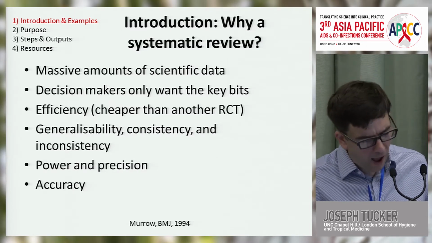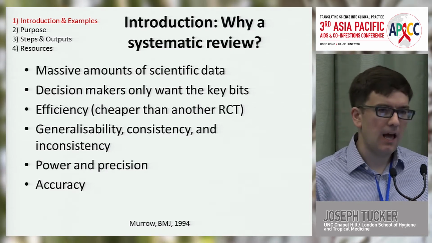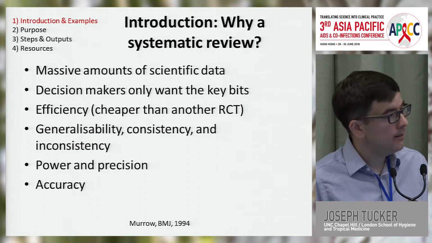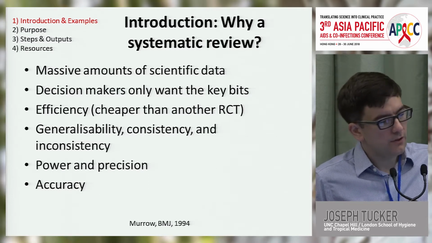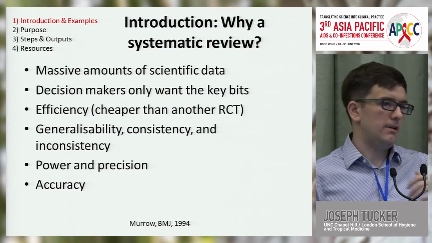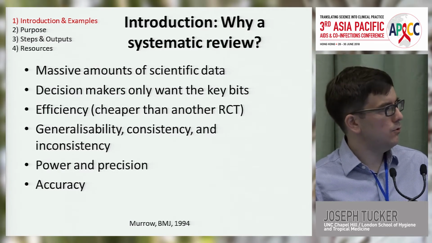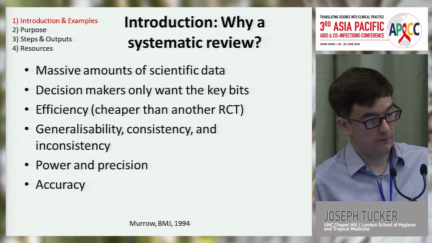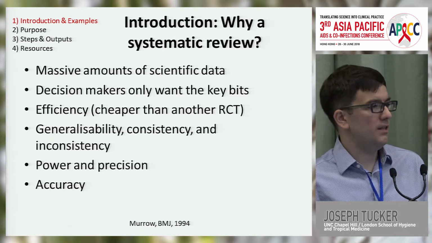So why would we want to do a systematic review? It takes a lot of time and effort. It's not easy. What is the value of a systematic review? First, there's a huge amount of scientific data, observational studies, RCTs. So synthesizing this huge amount of data can be useful. And then secondly, decision makers only want the key bits.